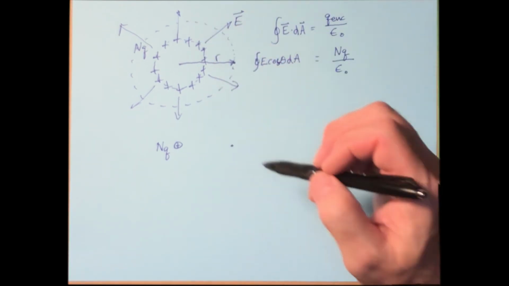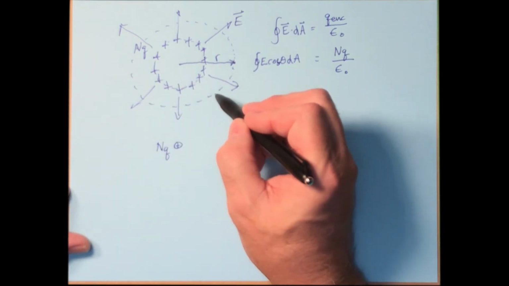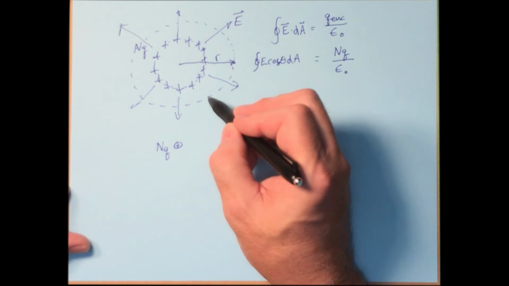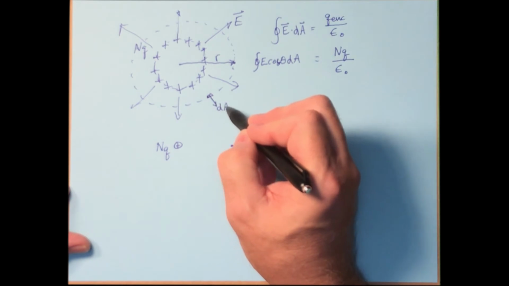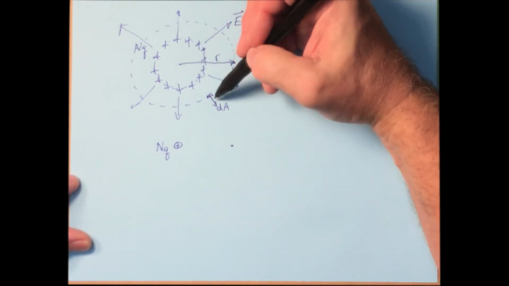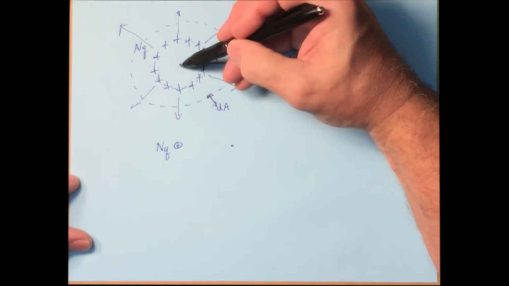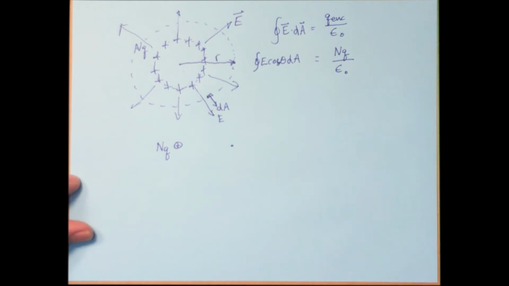And now on my Gaussian surface, since it is spherical, I could break it up into components as well. So let's say I take a dA vector that is here, and dA vectors always point outward from the Gaussian surface, so it's going to point that way. Well, what is that? That's radially away. So in that region right there, there's going to be an electric field that points in that direction.